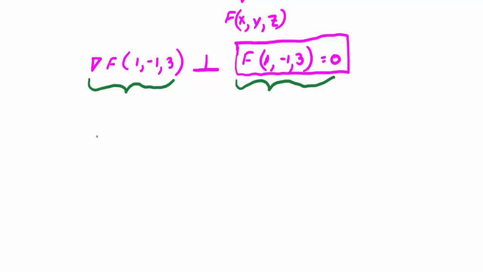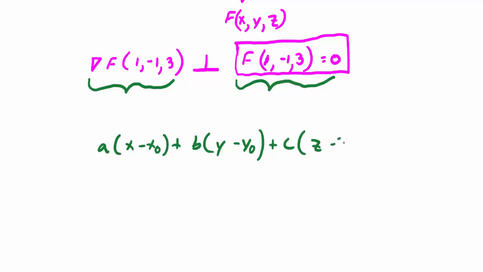Remember, in chapter 12, if the point was x naught, y naught, z naught, and the normal vector was a, b, c, the equation was a times x minus x naught plus b times y minus y naught plus c times z minus z naught equals 0. But now the a becomes f sub x evaluated at x naught, y naught, z naught. The b becomes f sub y evaluated at the point of tangency, and f sub z is your c.